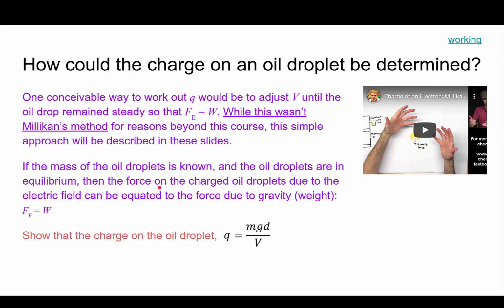So, we could work out the charge on an oil droplet by using this simple idea. We can adjust the potential difference between the plates until the oil droplet remains perfectly steady, just hovering in midair. That allows us to balance these two forces. It means that the electric force acting on the oil drop must be perfectly balanced by the weight force.